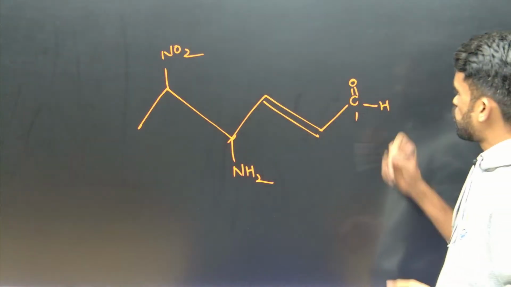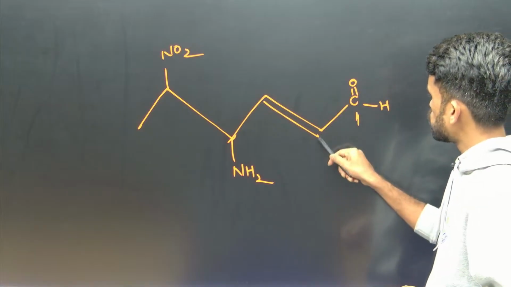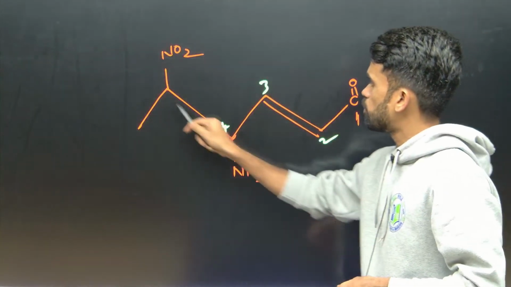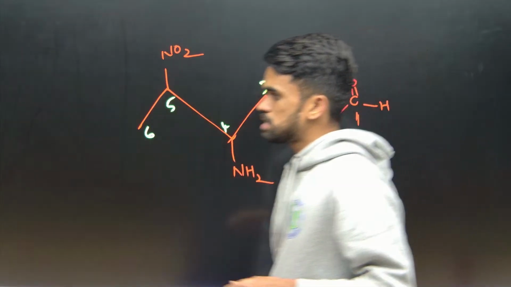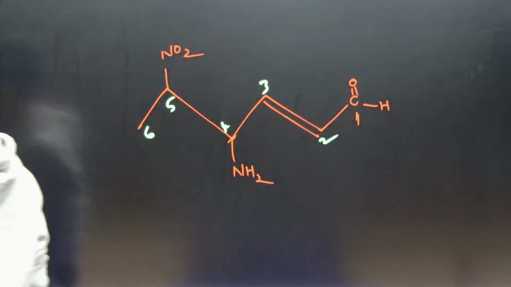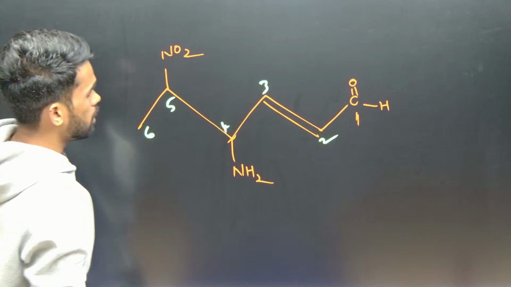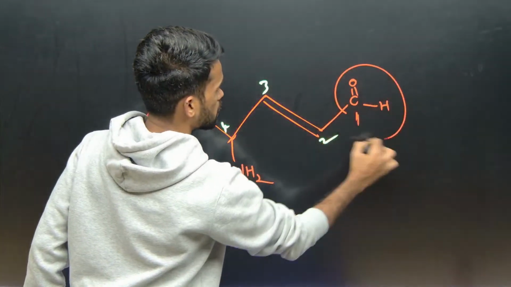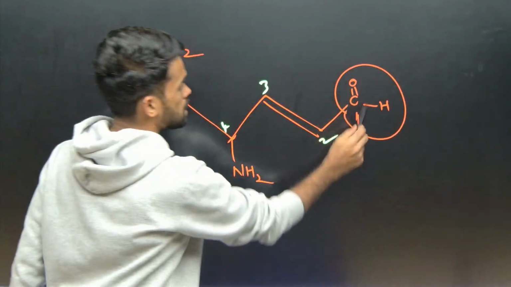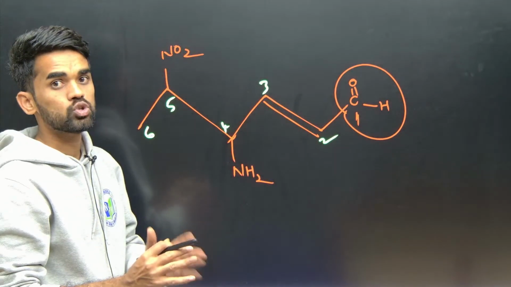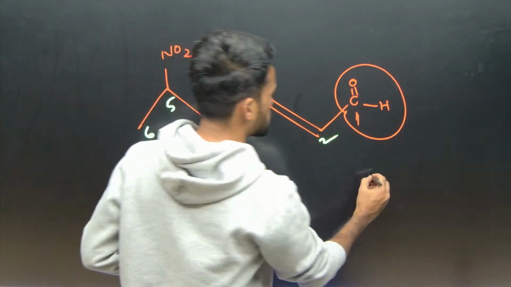This is first, and after this 2, 3, 4, 5, 6. So we got our 6 carbons. After the identification of the 6 carbon parent chain, our principal functional group is aldehyde. That carbon is also counted. So the name of the compound should end with al. Aldehyde means the suffix is al.